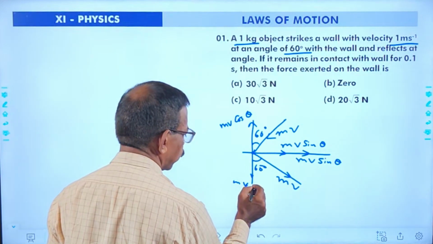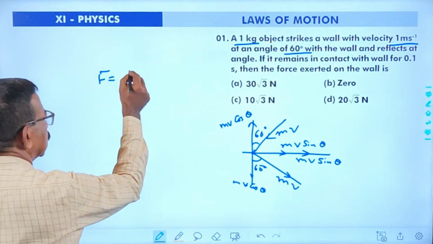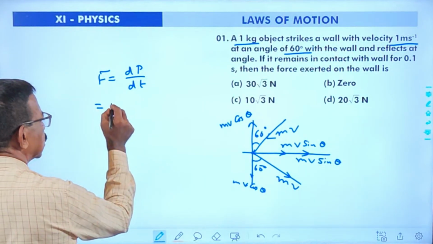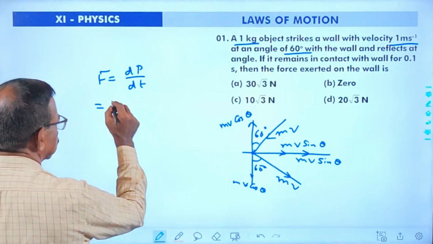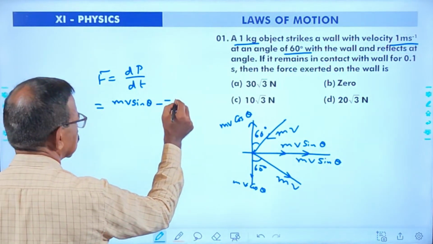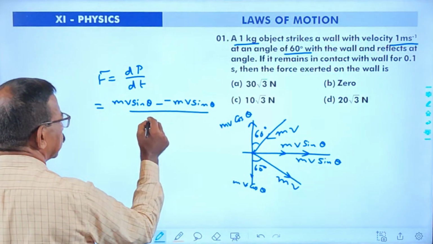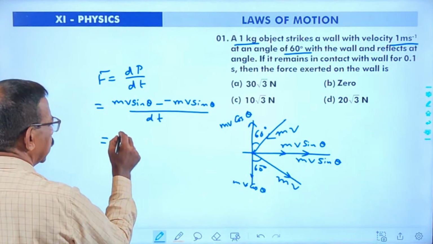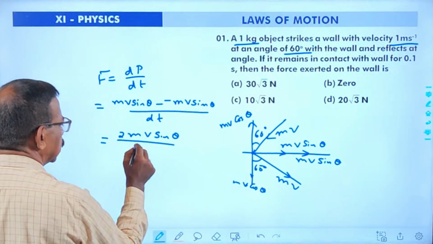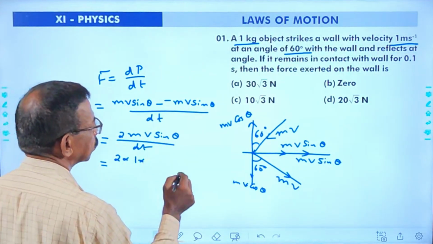Hence, the total force is to be, we have force F equals dp by dt. That means the change in momentum dp, mv sin theta minus mv sin theta divided by dt. That is 2mv sin theta by dt. Here mass is 1 kilogram.